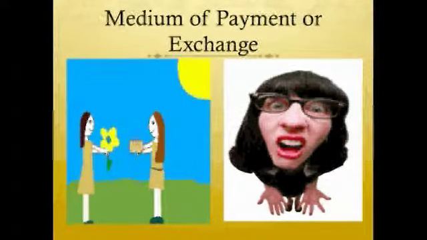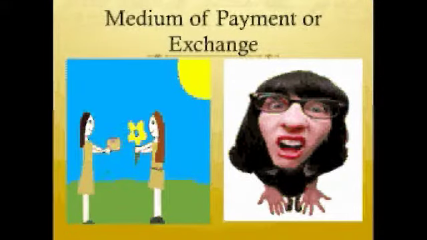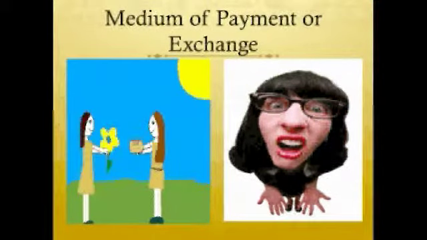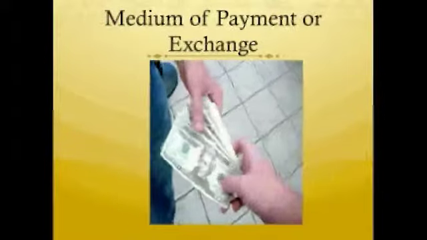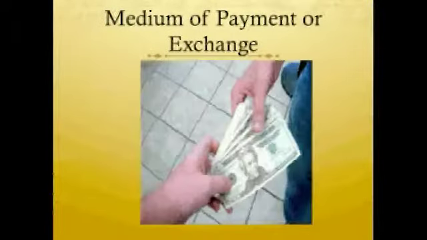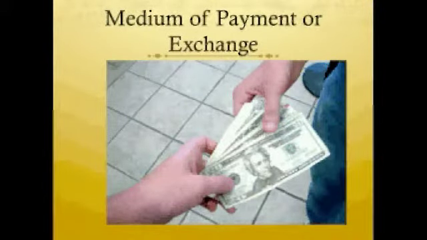You have to find someone who has what you want, and that person must also want what you have. But what happens if you don't find anyone? So, money as a medium of exchange is what sellers generally accept and buyers generally use to pay for goods and services.